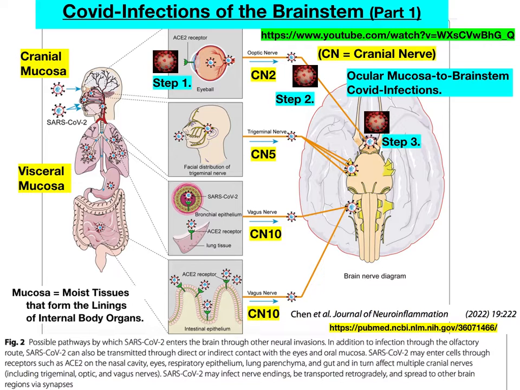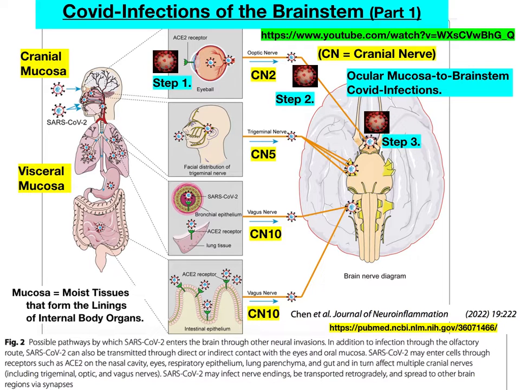SARS-CoV-2 may enter cells through receptors such as ACE2 on the nasal cavity, eyes, respiratory epithelium, lung parenchyma, that means the central tissue of the lung, not the epithelial mucosal layer, and gut, and in turn affect multiple cranial nerves, including trigeminal, optic, and vagus nerves.